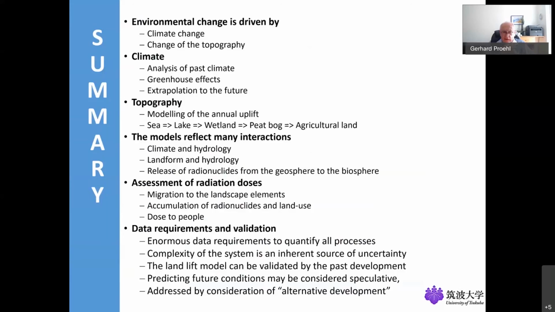The assessment of radiation doses is based on each landscape element, and the migration within these landscape elements is taken into account, causing an accumulation of radionuclides, and land use comes up with a dose to people.